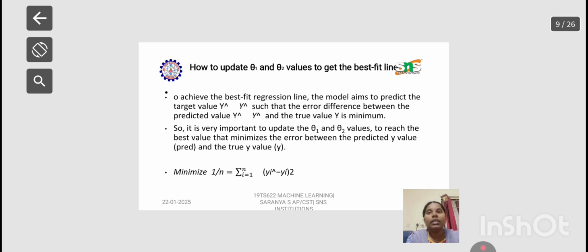So it is very important to update the theta 1 and theta 2 values to reach the best values that minimize the error between the predicted y value and the true y value. Here the equation is to minimize 1 divided by n, the summation of i equal to 1 to n, of y i cap minus y i, the whole squared.